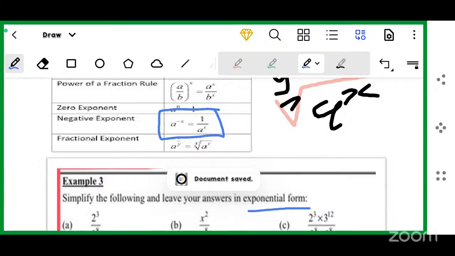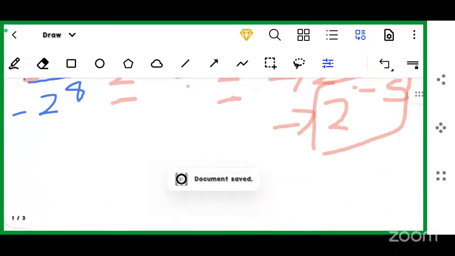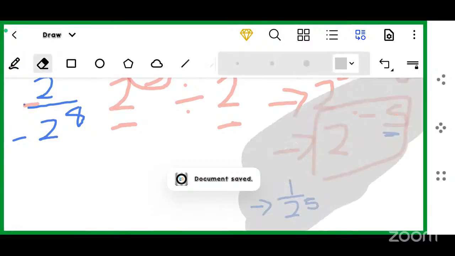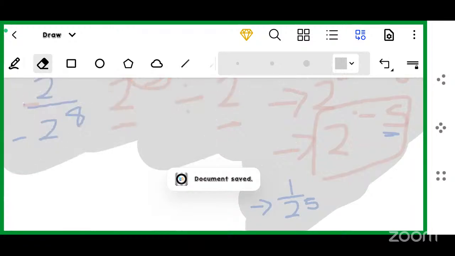Based on the negative rule, we can write our answer as 1 over 2, and we keep the 5, so it's going to be to the power of 5. Do you understand, or do you want another example? I understand, ma'am. Okay, let me give you one on your side so that we can move very fast.